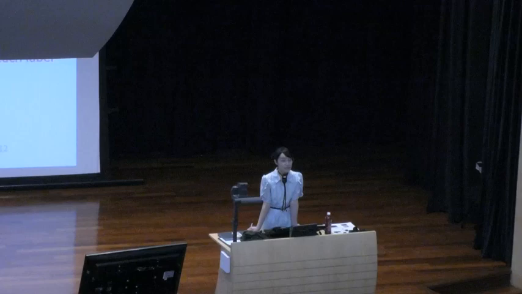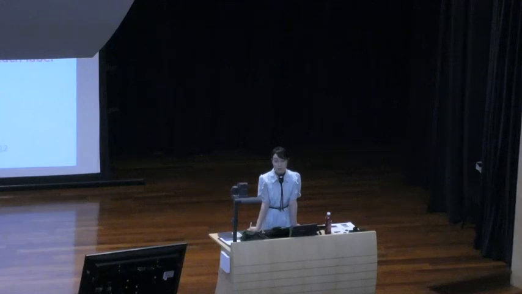Okay? Then, in order to extract this type of contextual information, the recurrent neural network was proposed. So now let's have a look at the recurrent neural network, which can help us to extract the contextual information in the sentence. Okay?